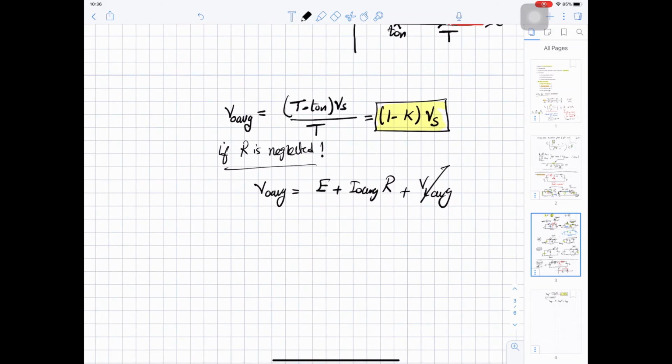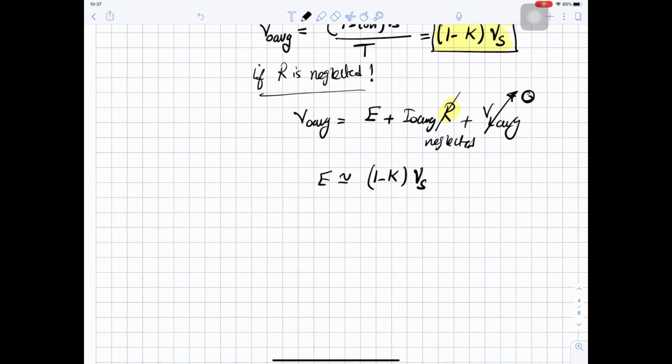We said that VL average is always 0, R is neglected. So we can say that E is almost equal to 1 minus K Vs. Please note, if R is given, you cannot neglect it, okay? We are just neglecting it to illustrate the idea. In problem sets, you may be given R, so you just use it.